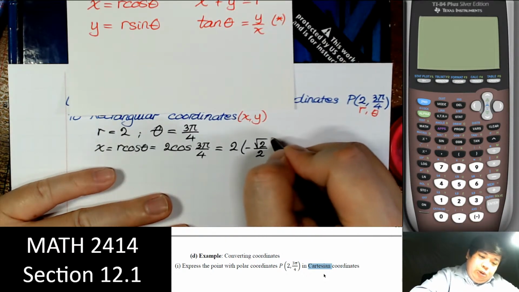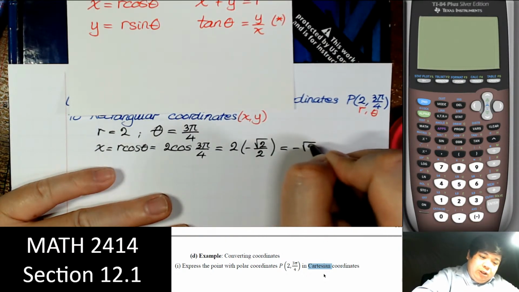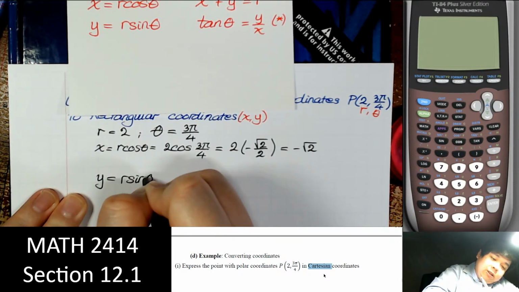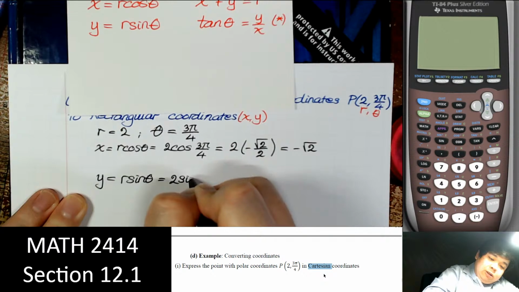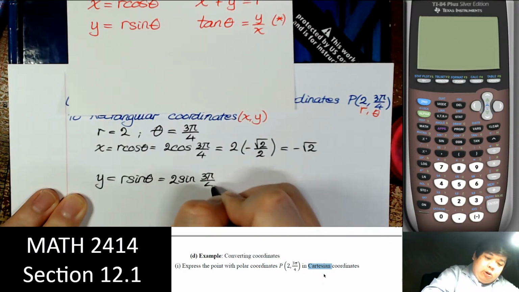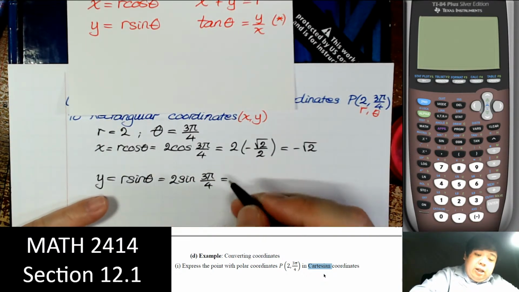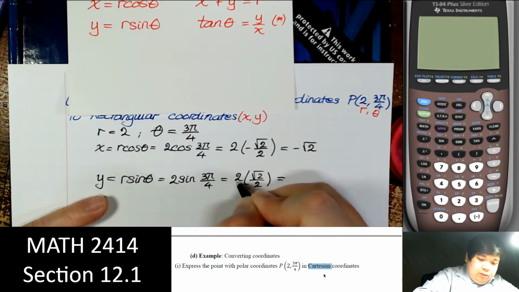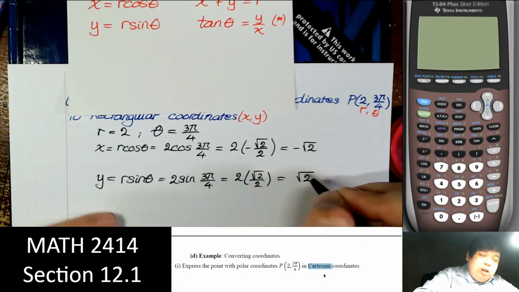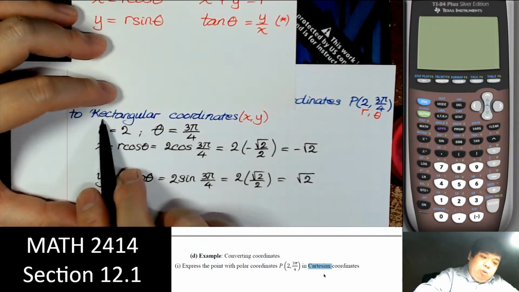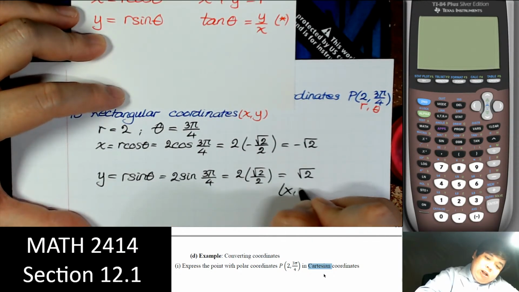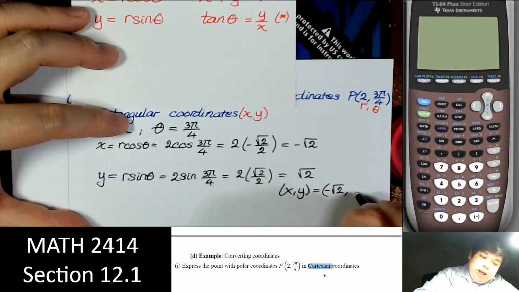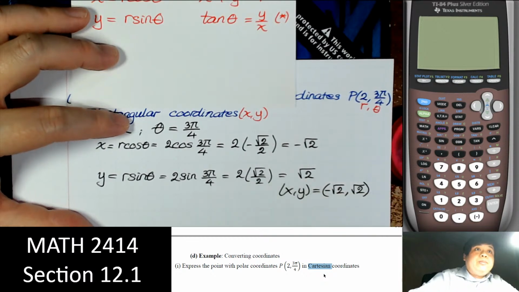So we have 2 times negative square root of 2 over 2, which gives us negative square root of 2. And y equal to r sine theta, 2 sine of 3 pi over 4. Sine of 3 pi over 4 is square root of 2 over 2. Cancel the 2. So the point in rectangular coordinates, x, y: x is negative square root of 2, and y is square root of 2.